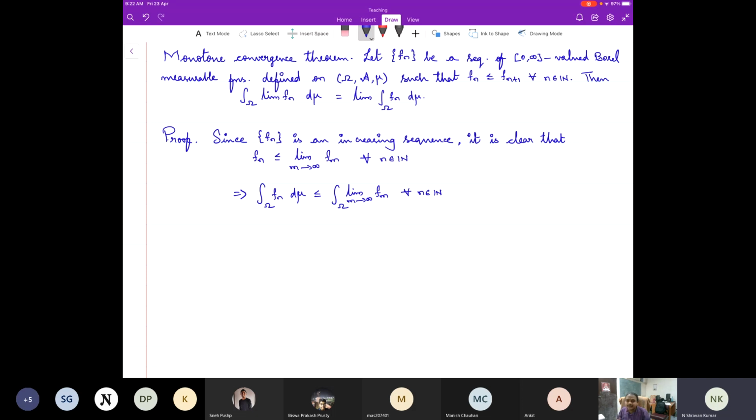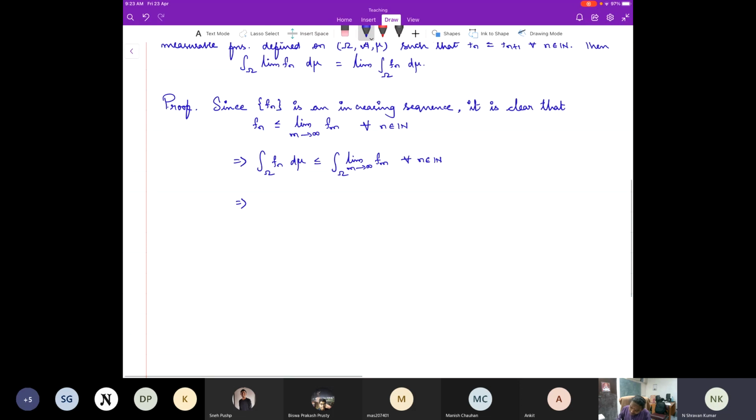And this is true for all n, and therefore the limit of the integral over Omega of F_n d mu is less than or equal to the integral over Omega of the limit of F_n.